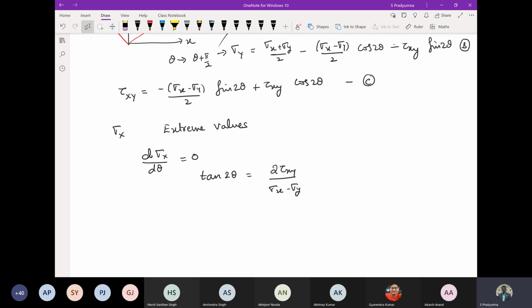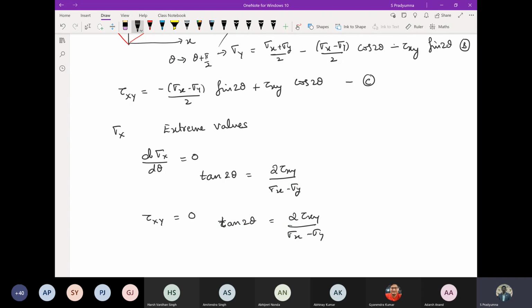Similarly, we can also obtain that by considering tau XY equal to 0. Then also we got that tan 2 theta was equal to 2 tau xy by sigma x minus sigma y. So this we discussed in the previous class.